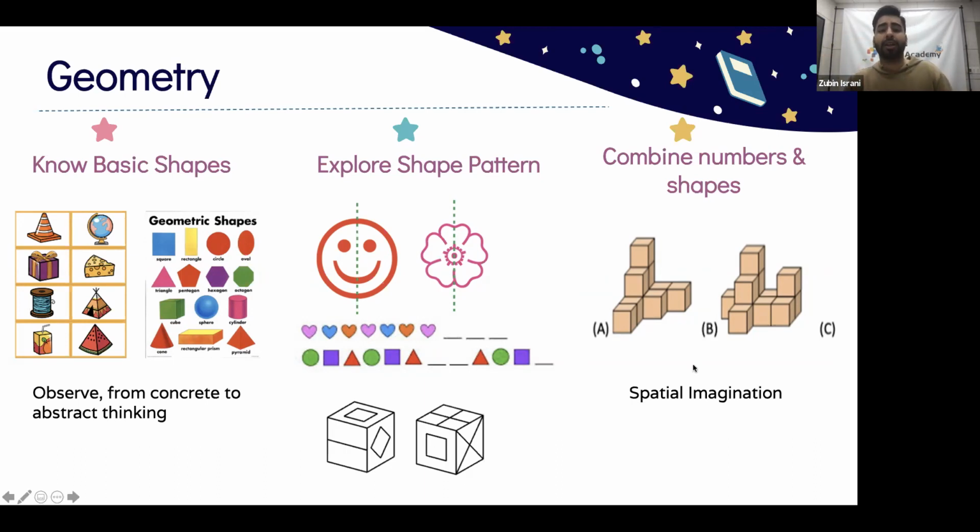And finally, step 3 will be combining the numbers and shapes to use spatial imagination. For this, you need to be used to looking at 3-dimensional objects.